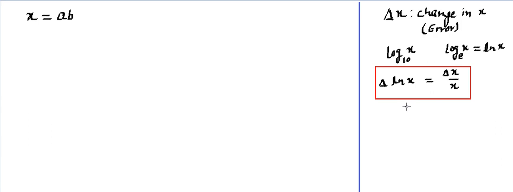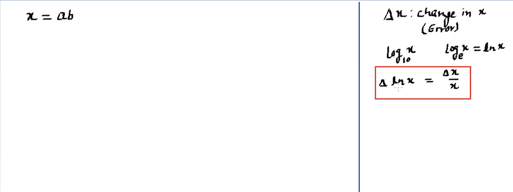Later on you will prove in mathematics how delta ln x becomes delta x by x. This is true only if delta is very small, that is, the change is small, because our errors are very small and we are considering the change to be small. When the change is small, small change is equal to error, so we can always write it like this.